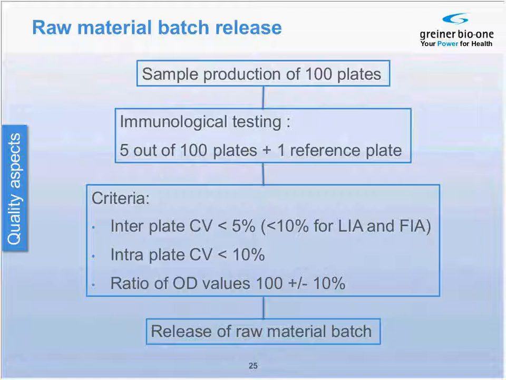Our plate CV has to be less than 10% and the mean of the optical values of all tested plates to be within 100 plus minus 10%. If all criteria are met, the raw material batch is released for production.